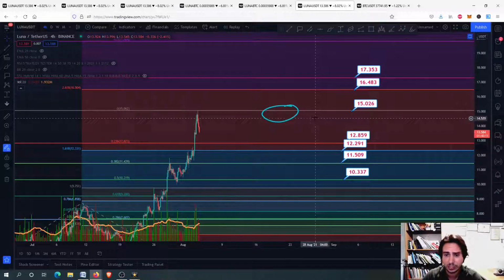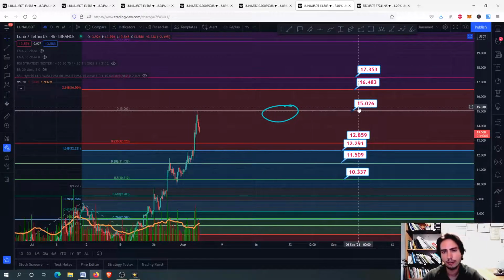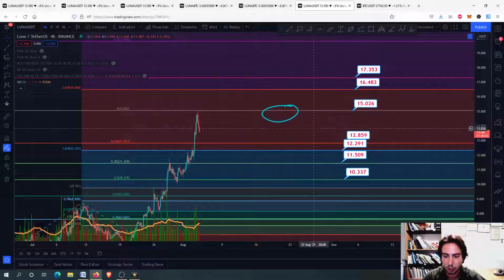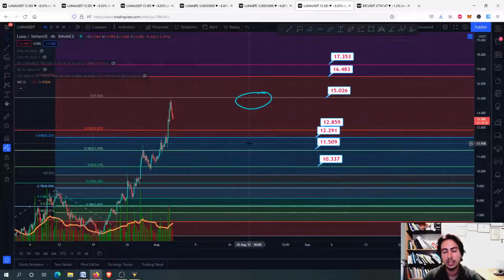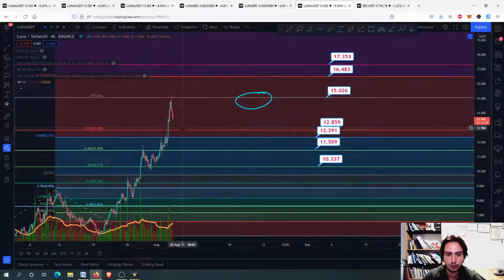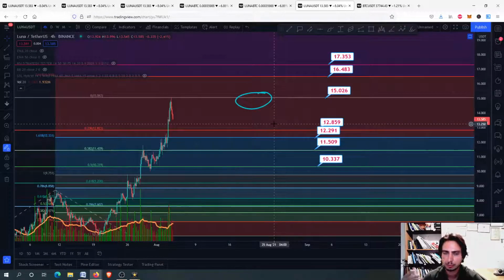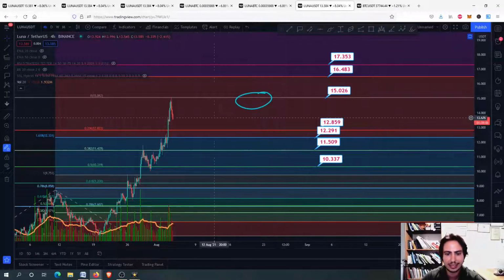Okay, so in case you want to minimize the risk, you can follow this buying strategy on 15 Tether USD, 16.4 and 17.3. All right, so we have the 12.8, 12.3, 11.5 in case we fall down, to know exactly, guys, your support level. I always want to be specific with you and I don't want to mess around. Okay, I always want to tell you the truth, and that's what it is, guys.